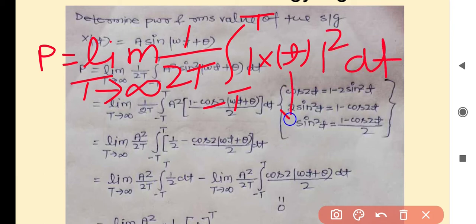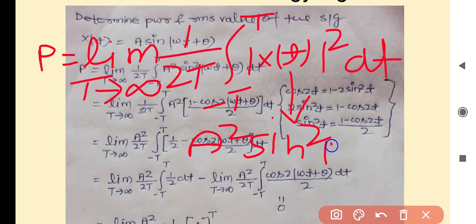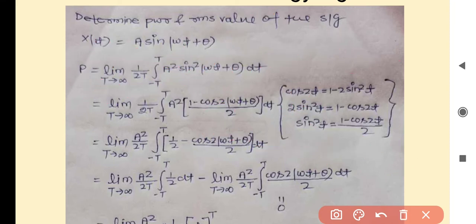In place of x(t), it is given A sin(omega t plus theta). It means x(t) square will become A square sin square(omega t plus theta). We will replace x(t) square with A square sin square(omega t plus theta), and this will become like this.